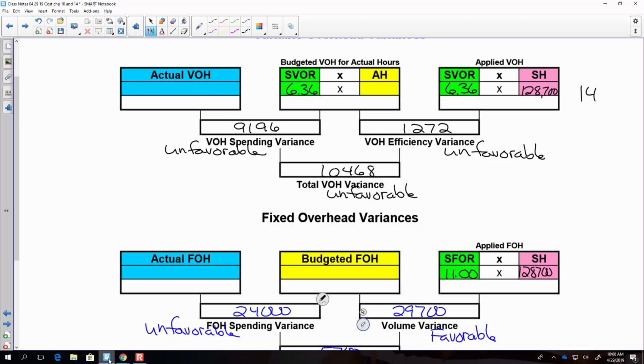What Catherine did was take the actual units times the standard rate, 0.9 hours, to get 128.7. These are the allowed hours. This is what it should have taken us to make those 143,000 units.